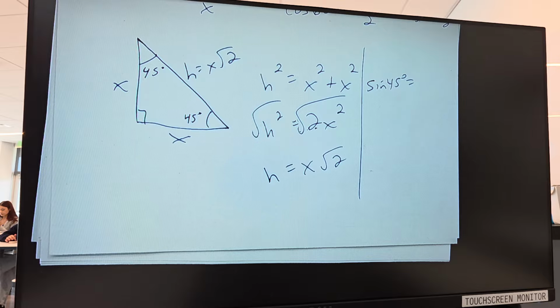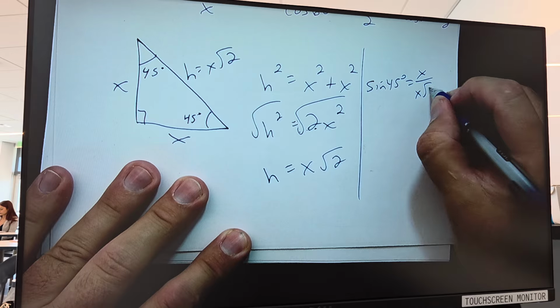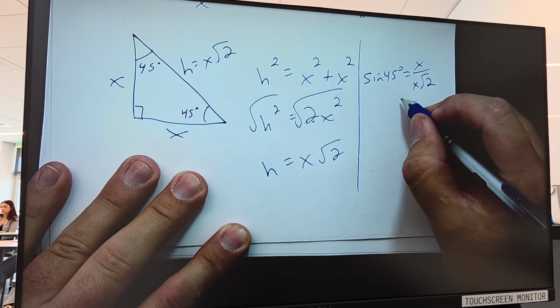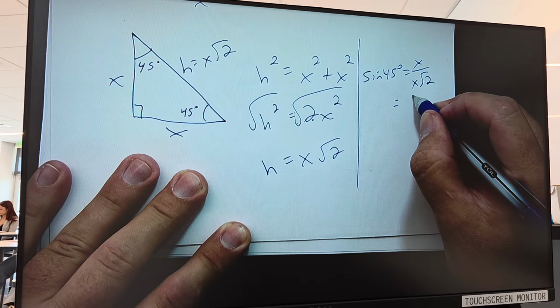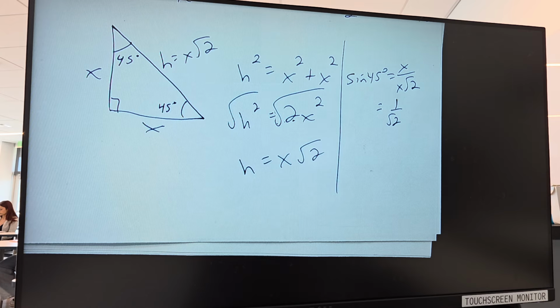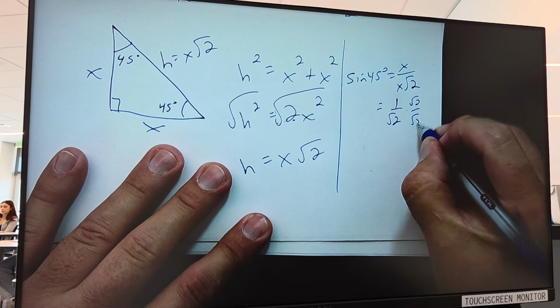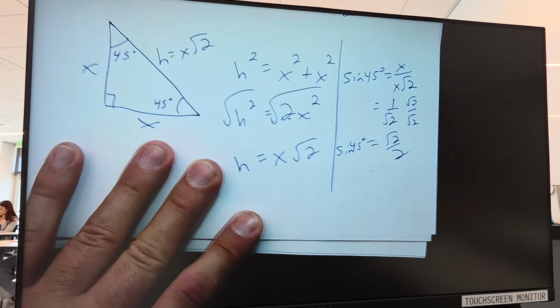So it'll be x over x root 2, and the x's cancel. Careful, where is the square root of 2? In the denominator. And then we have to rationalize it, like we talked about yesterday. So sine of 45 degrees is rad 2 over 2.